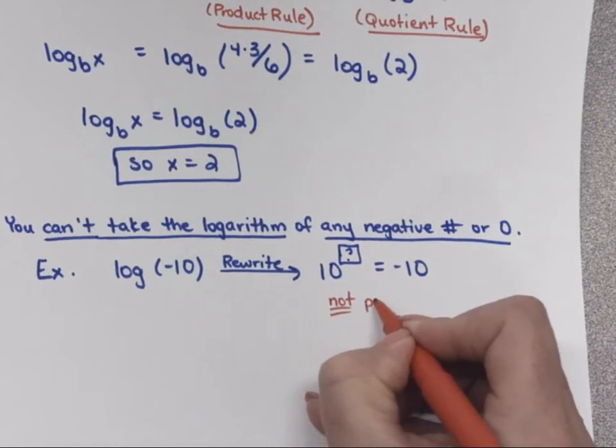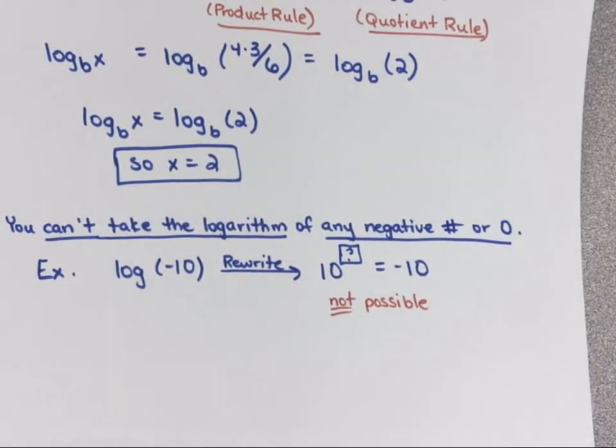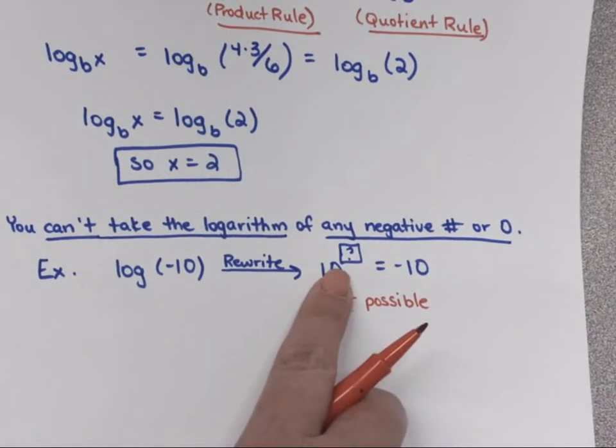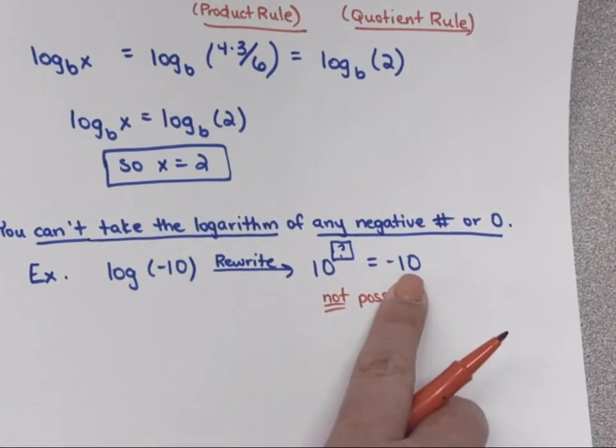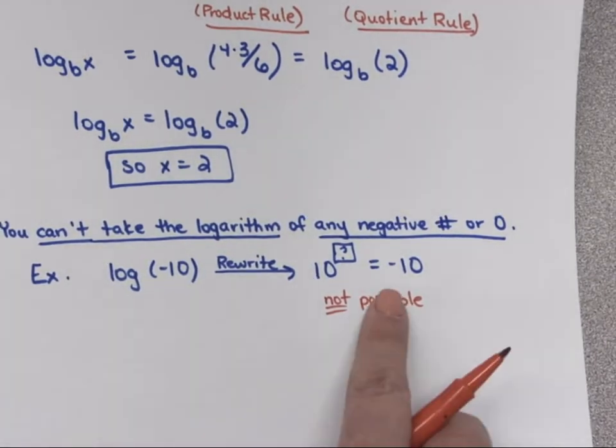This is not possible, right? There's no power of 10 that would ever give me a negative number or 0 for that matter, okay? Because what does 0 as an exponent actually give me for an answer? Not 0, but what? 1, okay? And in fact, even a negative exponent doesn't give me a negative answer. A negative exponent gives me a what kind of thing? A fraction, right? So there's no way that this ever would work.